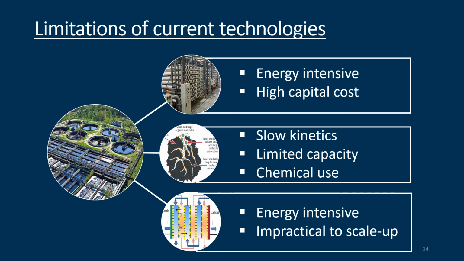So what are the limitations of current technology? Desalination such as reverse osmosis is energy intensive, with high capital cost, slow kinetics, limited capacity and chemical use, and is impractical to scale up.